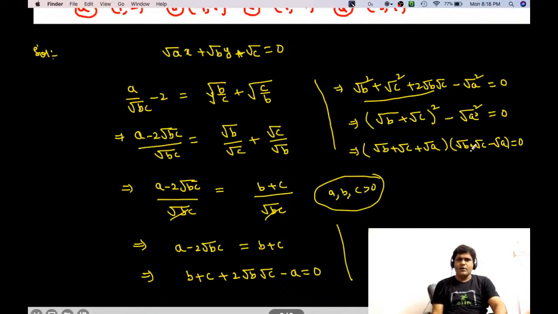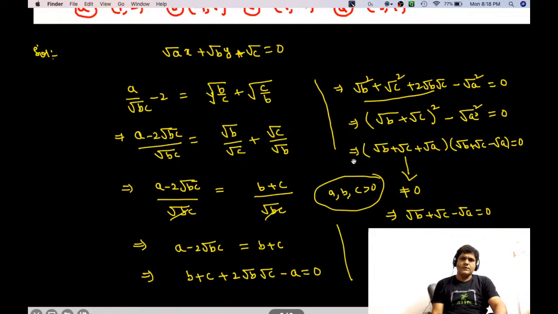Therefore the product of two numbers is equal to 0, either this one equals 0 or this one equals 0. But here a, b, c are positive, therefore this part never can be 0. Therefore the only possibility is that root b plus root c minus root a is equal to 0.